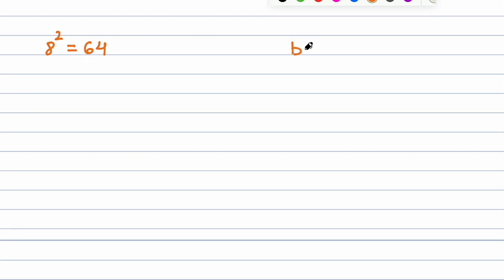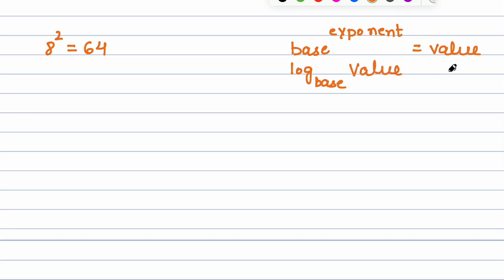Here it is the base, in the form of exponents, to the power exponent is equal to some value, and in terms of log, whatever the base is will come here. This value will be with the log, and this exponent is actually the answer.